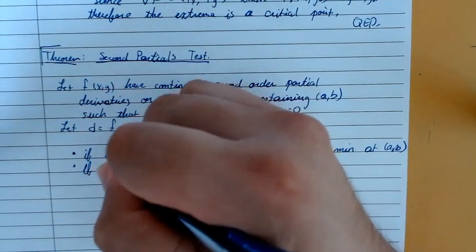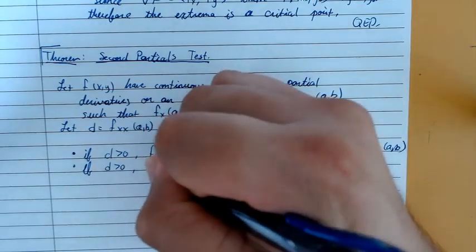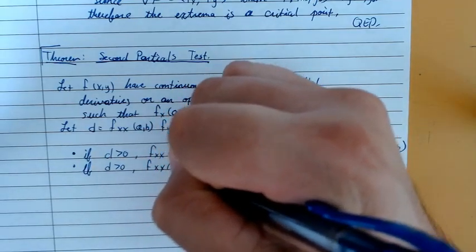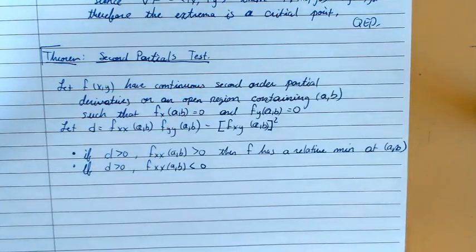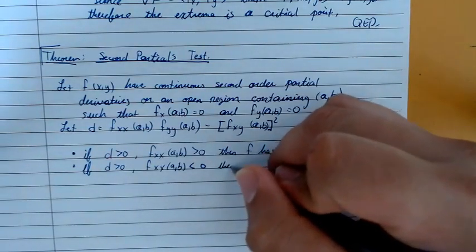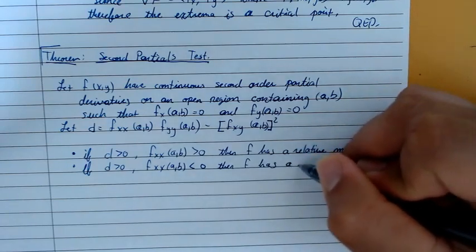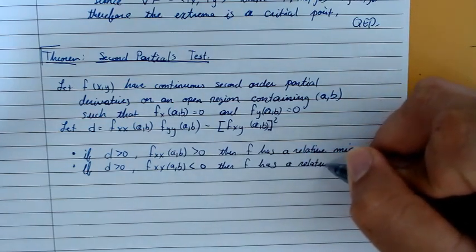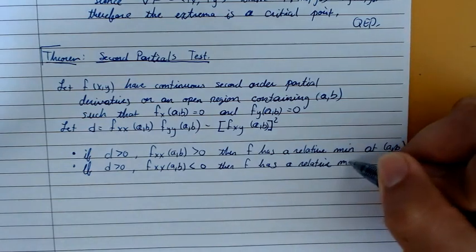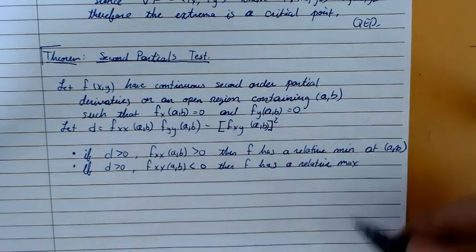If D is positive and f sub xx at AB is less than 0, then f has a relative maximum at AB.